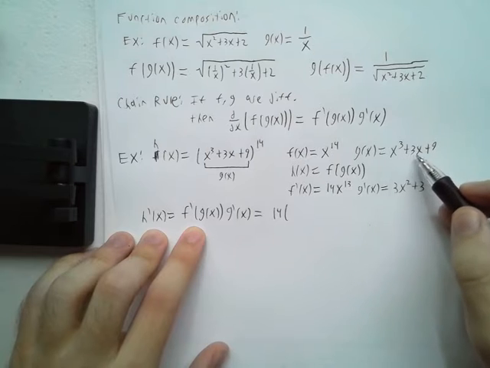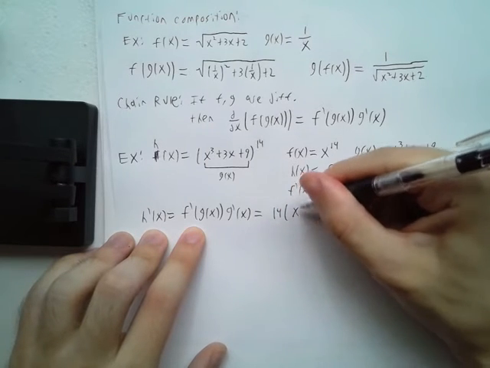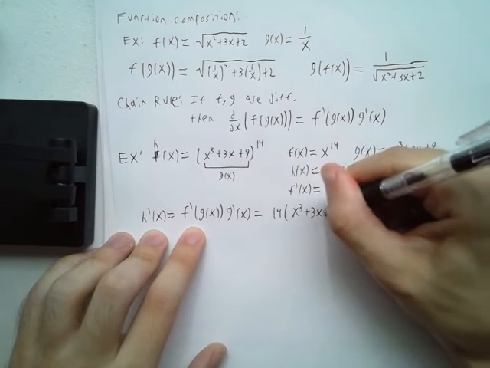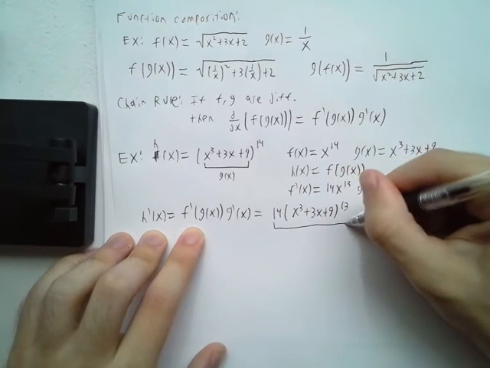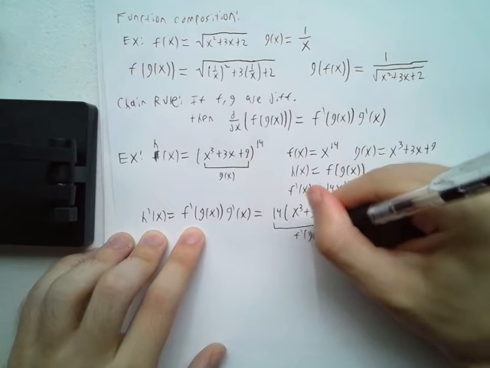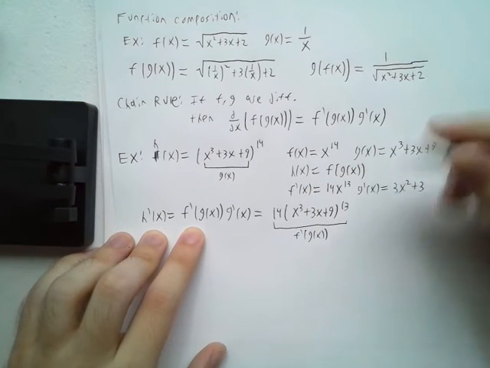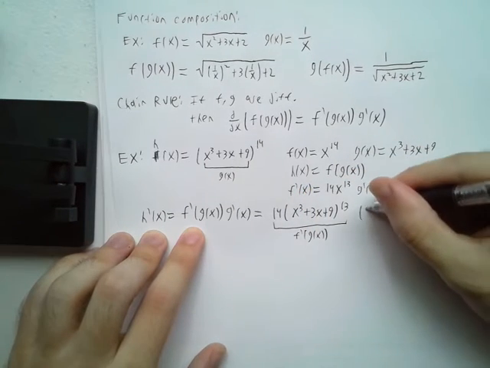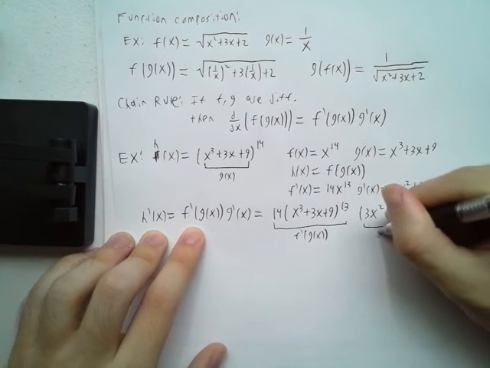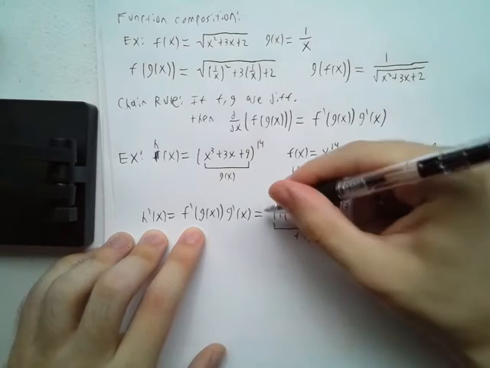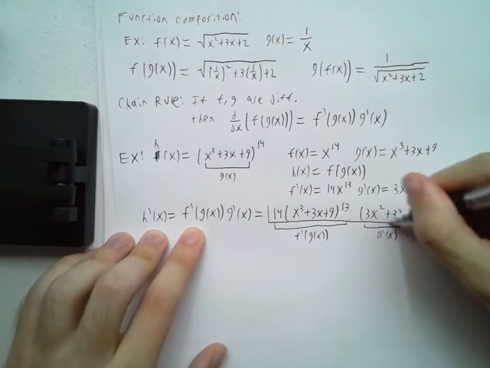So g of x was x cubed plus 3x plus 9. And all that gets raised to the 13th power. So this term is the f prime of g of x. And we have to multiply by g prime of x, which is 3x squared plus 3. And so that is our final answer for the derivative.